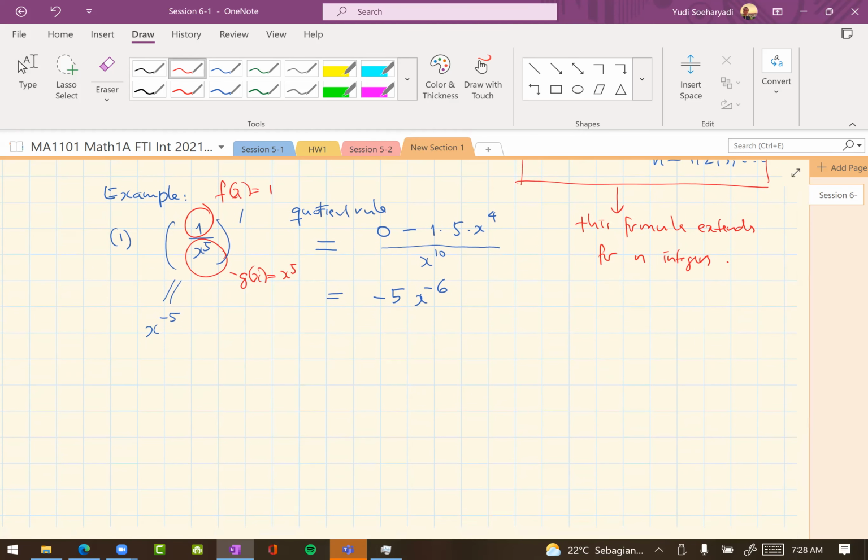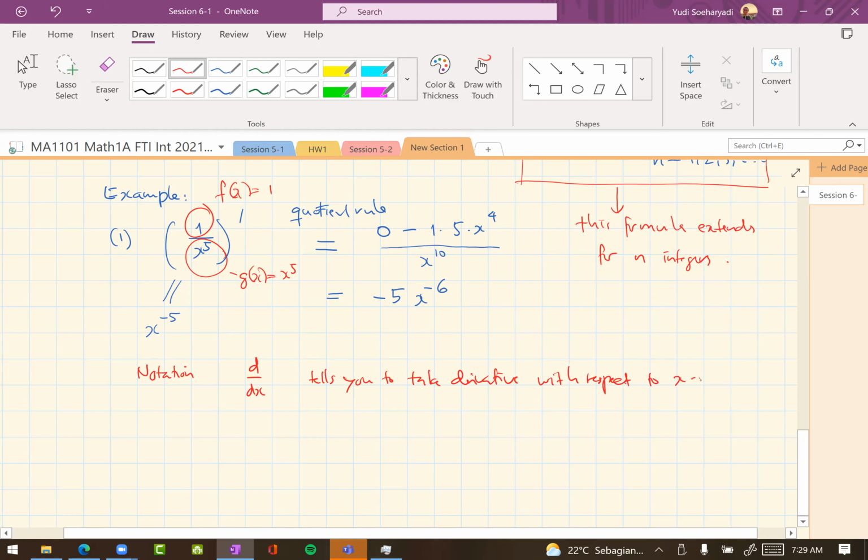All right. Before we proceed, we'll introduce some notation. If you see these notations here, this tells you to take the derivative with respect to the x variable.